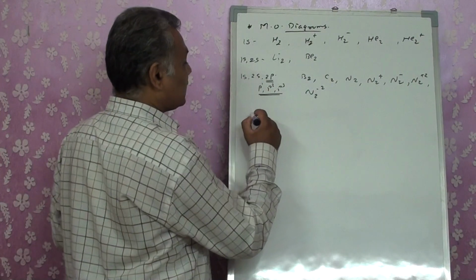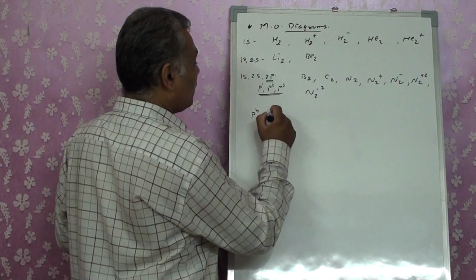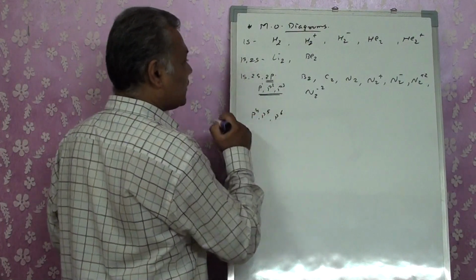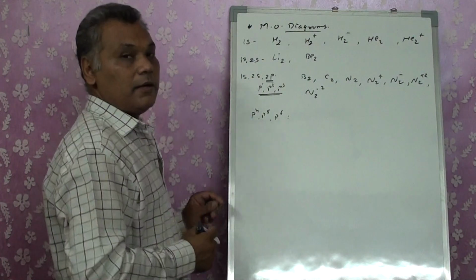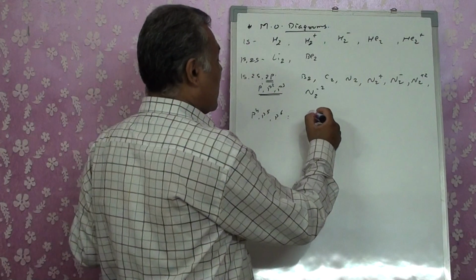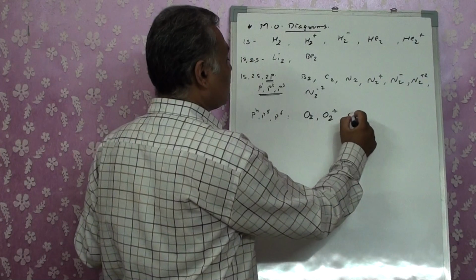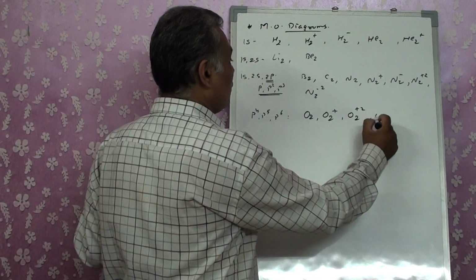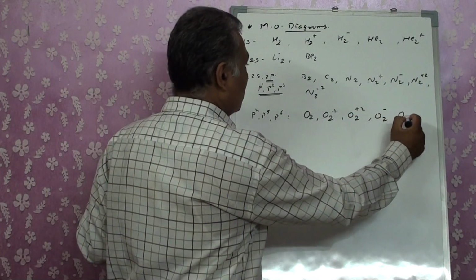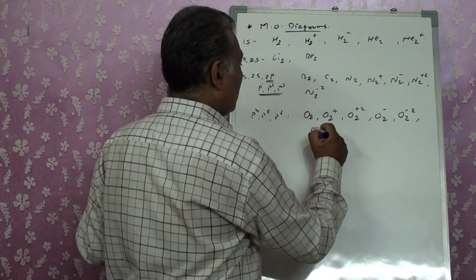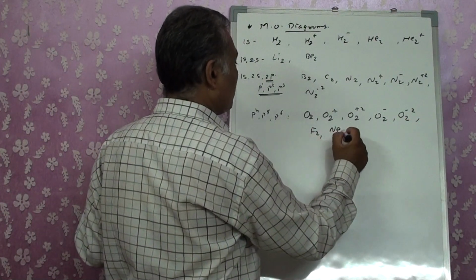When you have p4, p5 or p6, the atoms are O2, O2 plus, O2 plus 2, O2 minus, O2 minus 2, F2, Ne2.